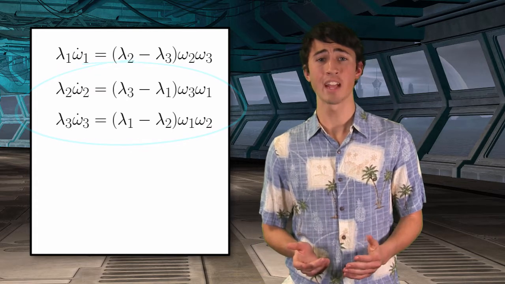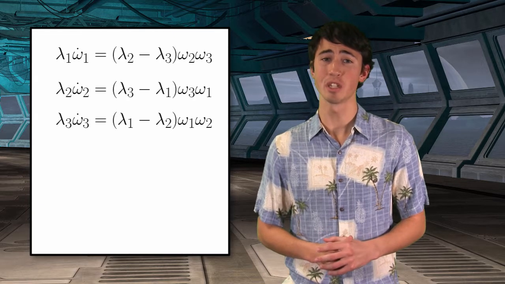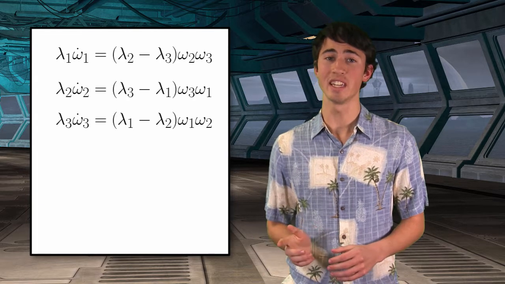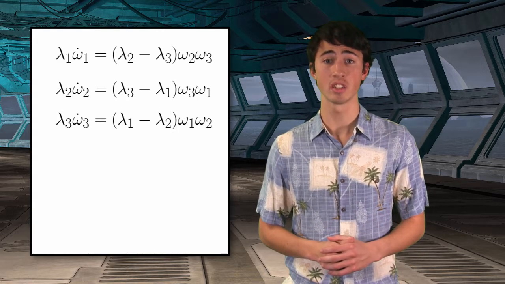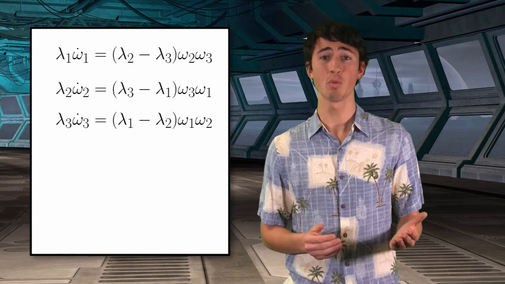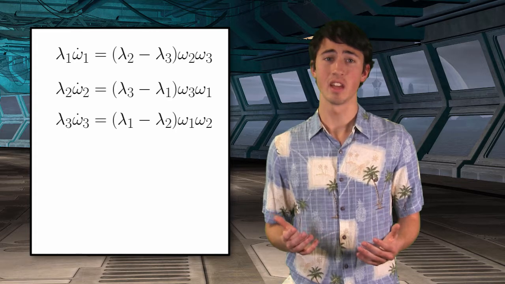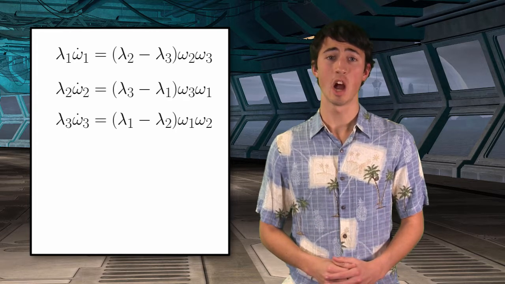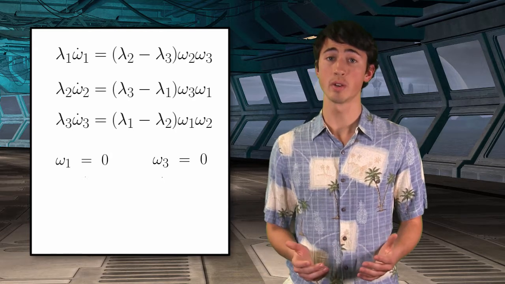So based on the angular velocities and moments of inertia around each principal axis, we can see how the angular velocity around each axis changes. For example, say our deck of cards was only rotating around axis number 2. This means that the angular velocity around the other axes, number 1 and 3, are 0.